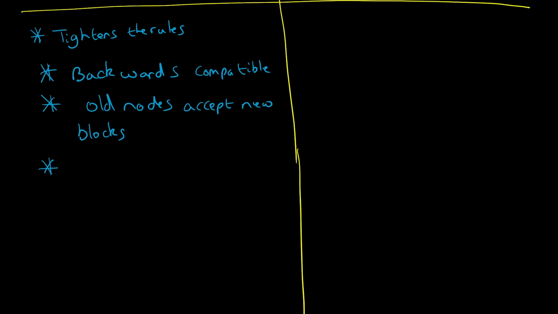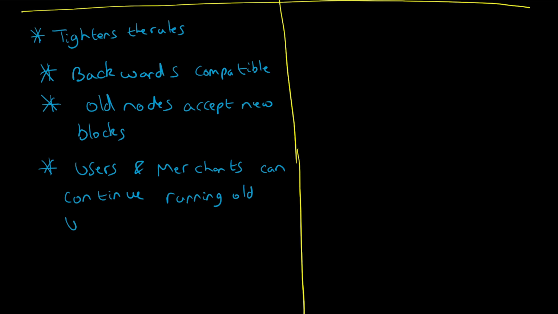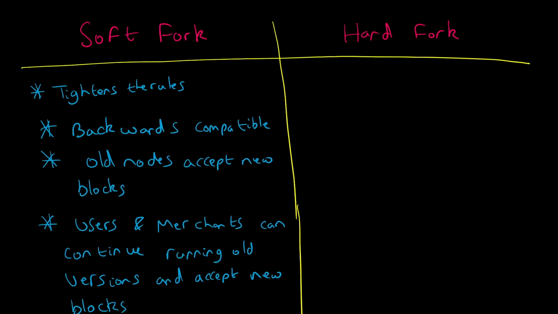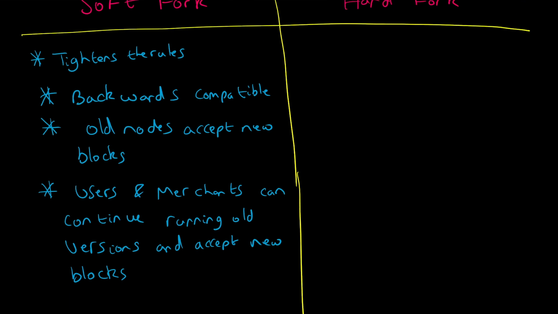And another great thing is users and merchants can continue running old versions and still accept new blocks. So this is a very powerful aspect of soft forks, that they're backwards compatible.